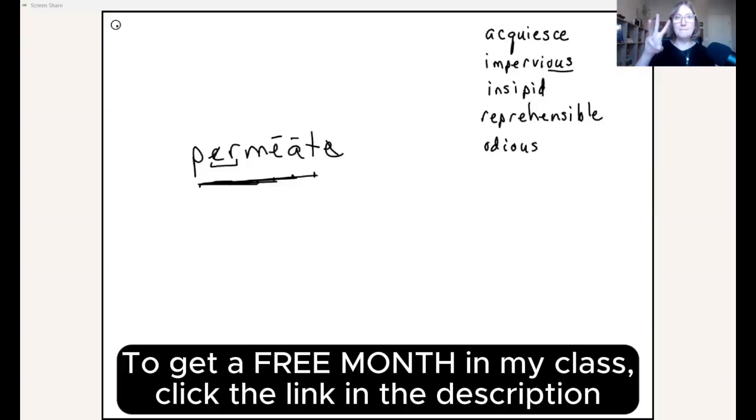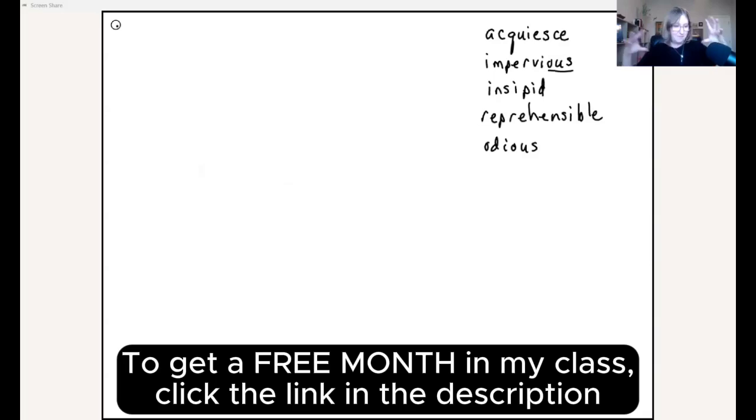P, E, A, T. I might have only put 5 dots. That might have confused you. Yay. Permeate means to pervade. I don't know another good synonym for pervade, but permeate, just to encompass, I guess.